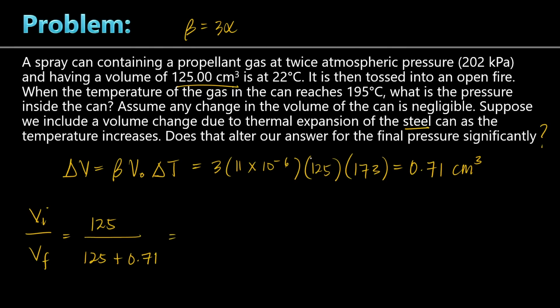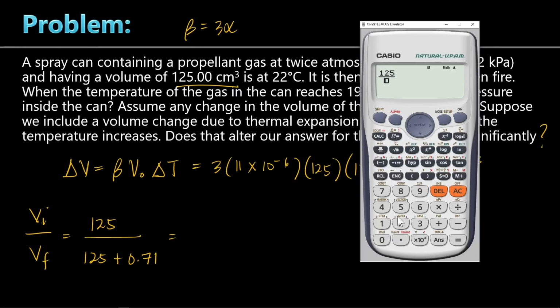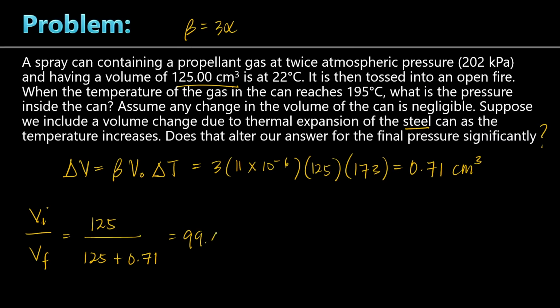Ilang percent yan? 125 divided by 125 plus 0.71. This gives us times 100 para maging percentage. Okay, 99.4. 99.4%. So that means that the initial volume is 99.4% ng final volume.